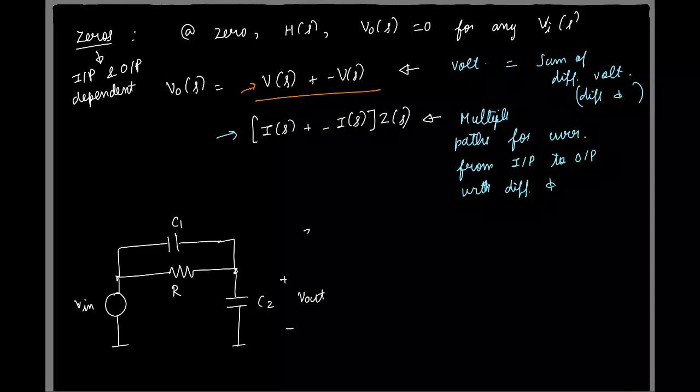And it turns out there is a zero here, and a simple way to find the zero location is, well, you know that at the zero, what can you say about V naught of S? Zero. So one simple thing you can do is apply KCL at the output node at that zero frequency.